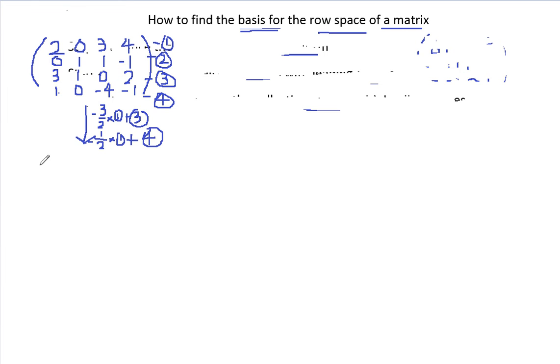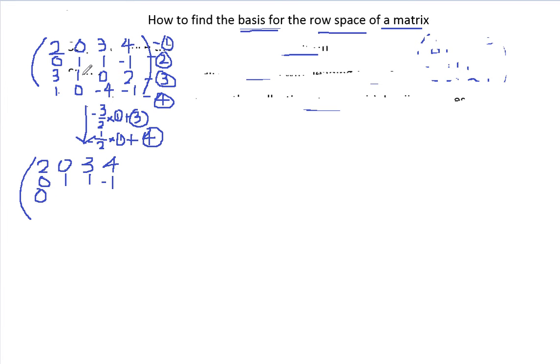So hence you'll get something like this: 2, 0, 3, 4, 0, 1, 1, minus 1. Now the third row will change. So minus 3 over 2 times 2 equals minus 3. Minus 3 plus 3 equals 0.